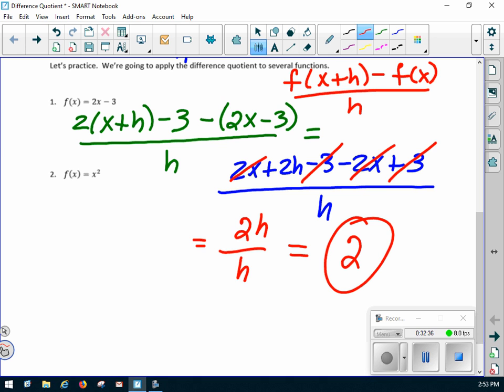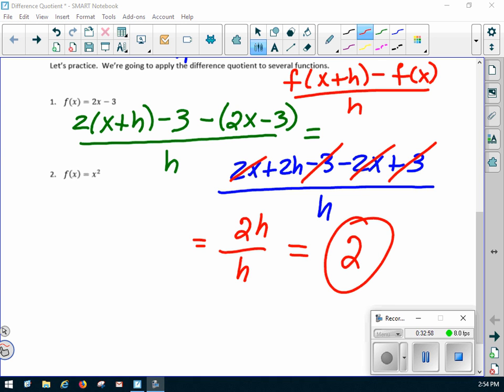Which is awesome. After you do homework and quiz and test on it, no, you won't do difference quotient anymore this year.